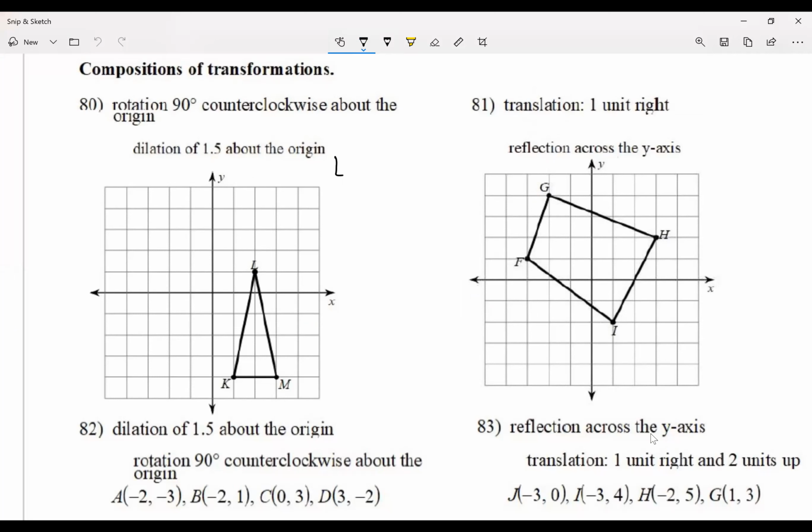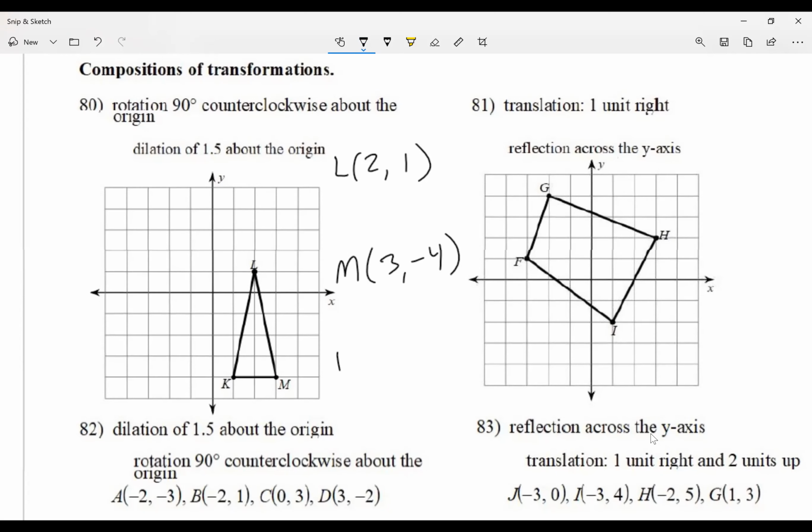The coordinates of L right now are 2, 1. If I was looking at point M, the coordinates right now are 3, -4. And if I was looking at point K, my coordinates are 1, -4. So whichever point I'm looking at, I'm going to start with the original points.